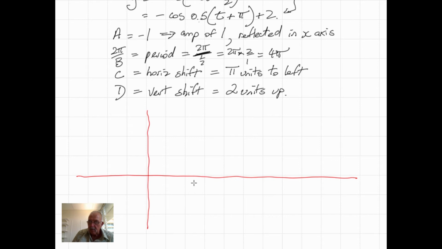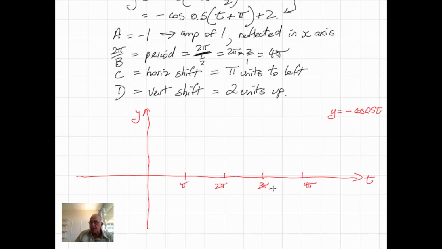So let's just look at what y equals negative cos of 0.5t looks like. Here's my t, here's my y. It's going to go over 4 pi, so we'll go 1, 2, 3, 4. That's pi, 2 pi, 3 pi, and that's 4 pi.